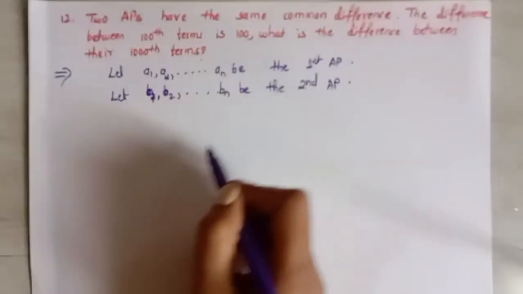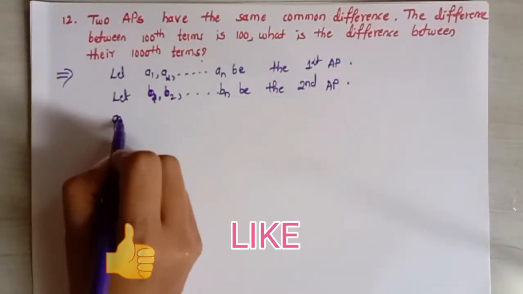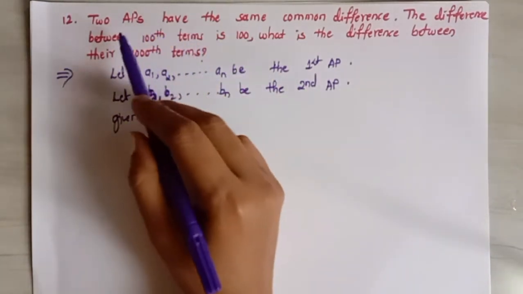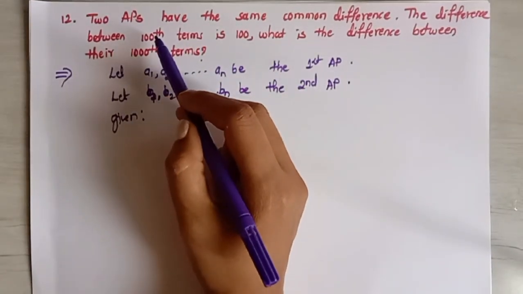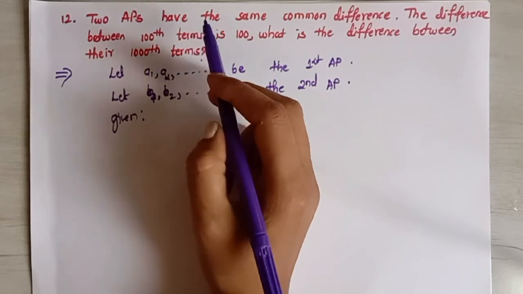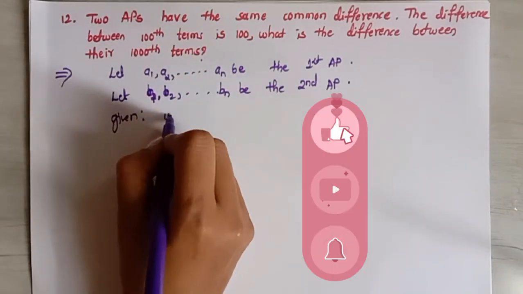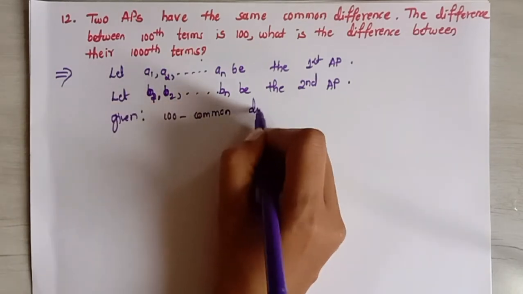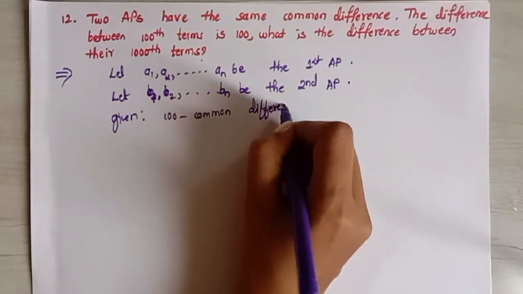So after that, what is given? Given 100 is the common difference between the 100th terms, right? 100 is the difference between these two APs.